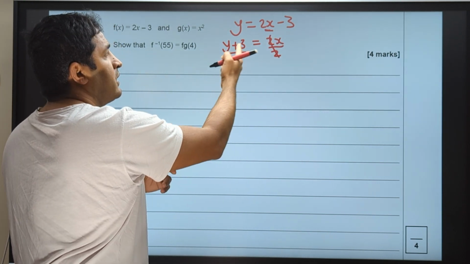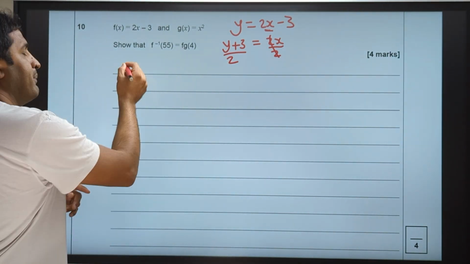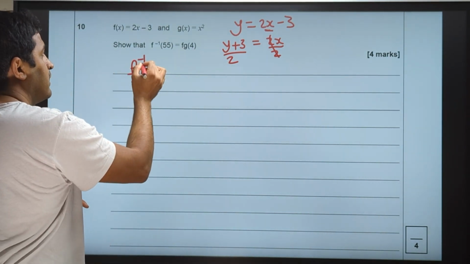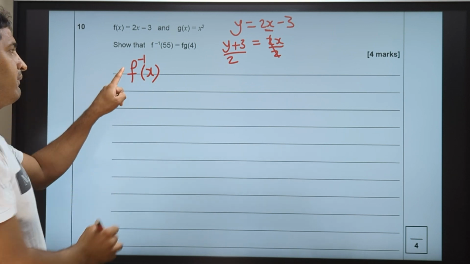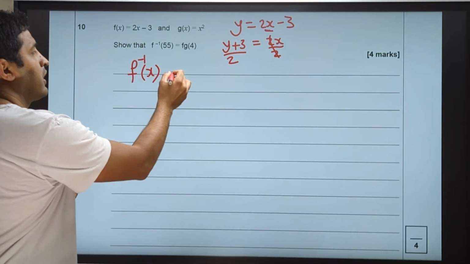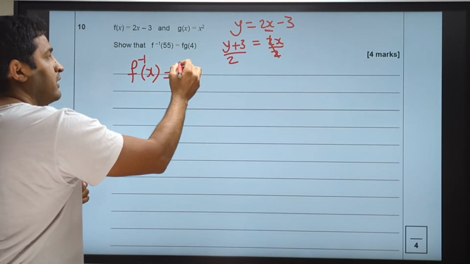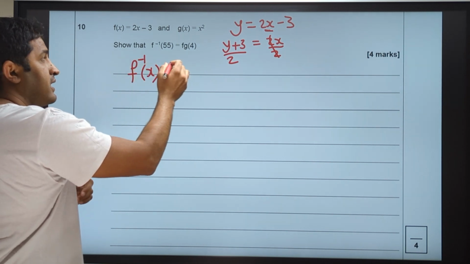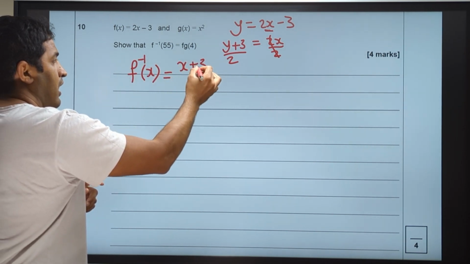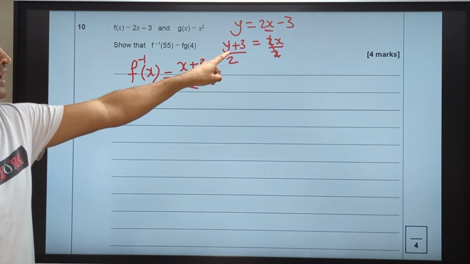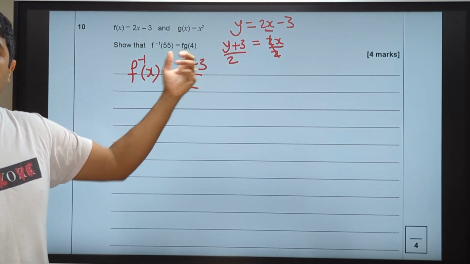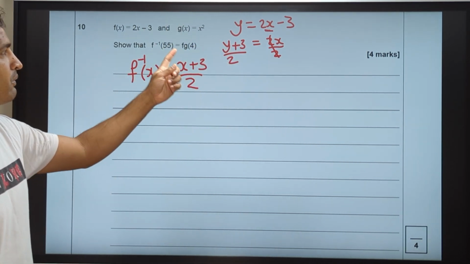So we get x equal to y plus 3 over 2. That means our inverse function, f inverse of x, would look like x plus 3, because we're going to be using x as our input, and then divided by 2. So that's your inverse function, the reverse. If you were to go in reverse, this is what it would look like.